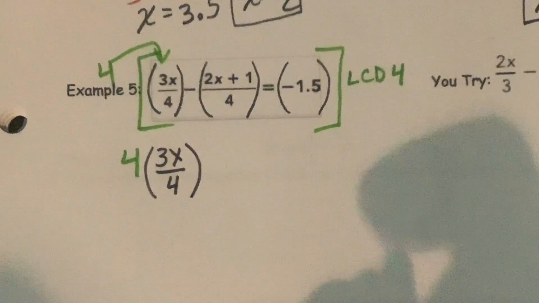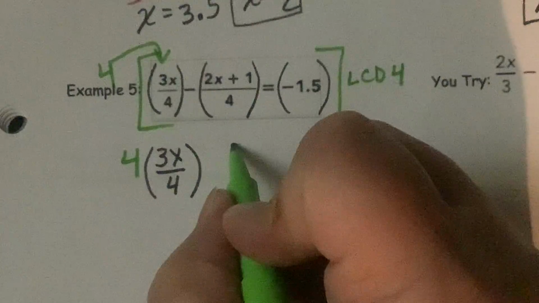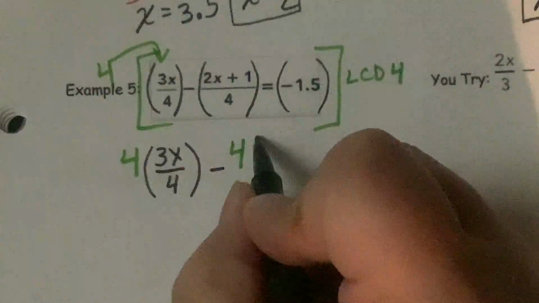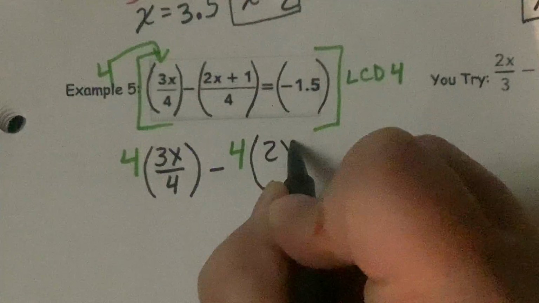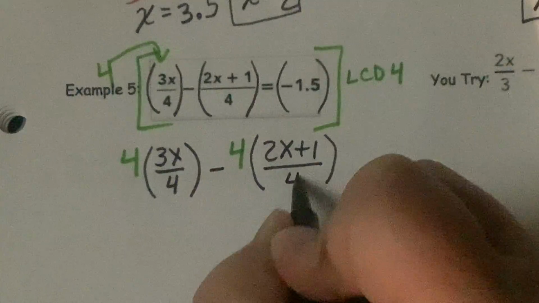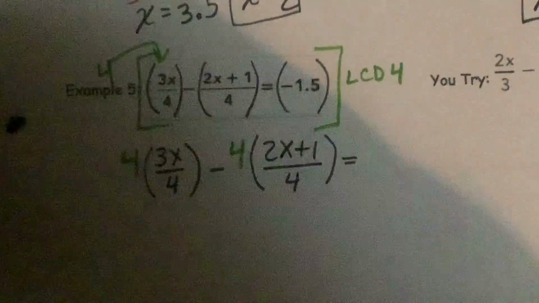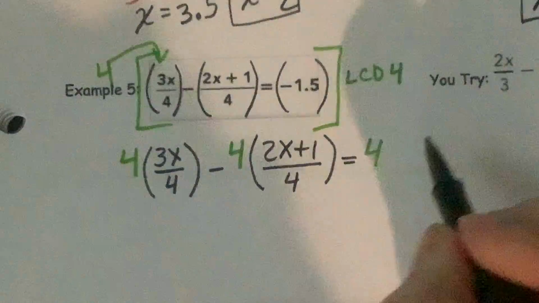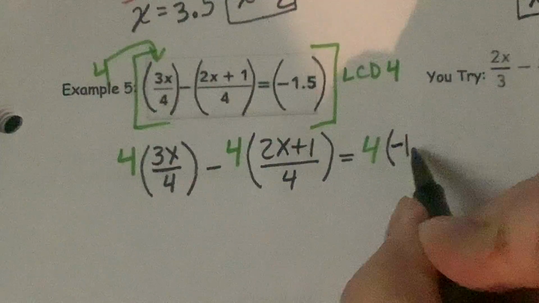You saw me not multiply yet. Here we go. And then 4, got my minus sign, sorry, times 2x plus 1 over 4, equals 4 times negative 1 5/10.